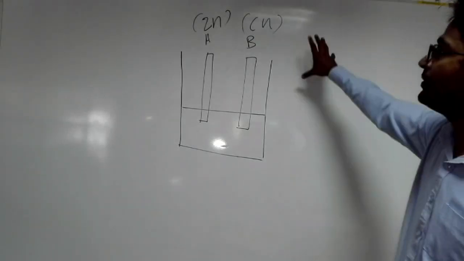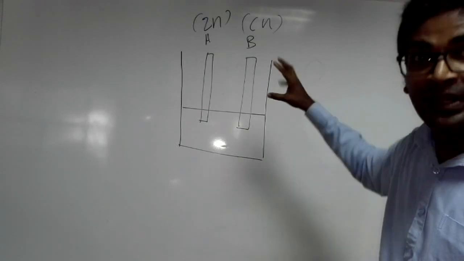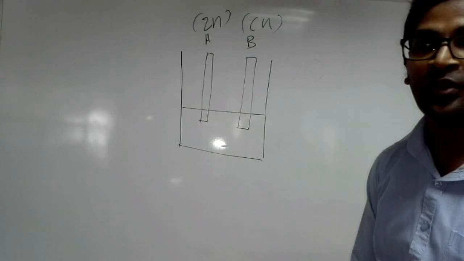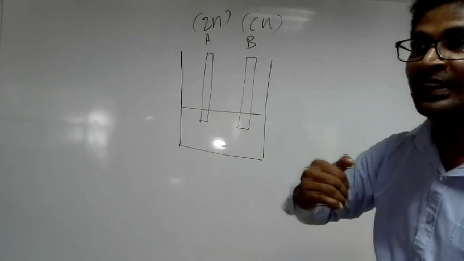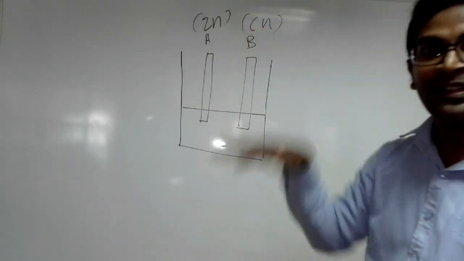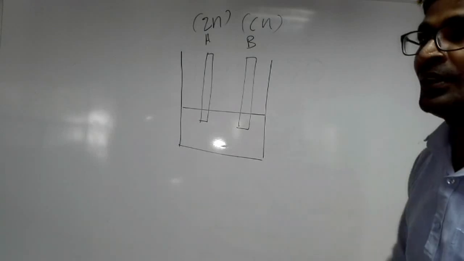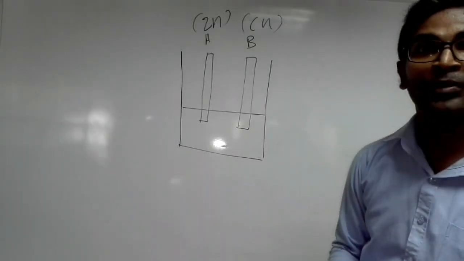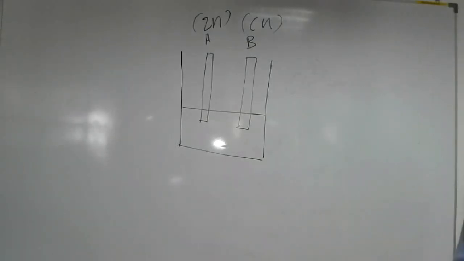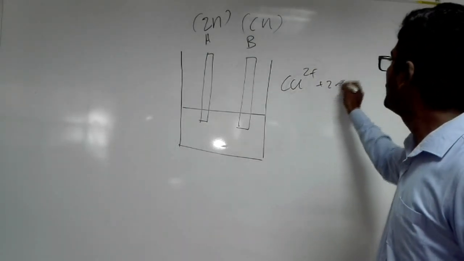Then we can identify the deposition part and the dissolving part according to the electrochemical series. According to the electrochemical series, zinc is at the top and copper is in the lower area. When we go down the electrochemical series, those components are more likely to undergo reduction. Therefore, the most probable reaction here is copper 2 plus.